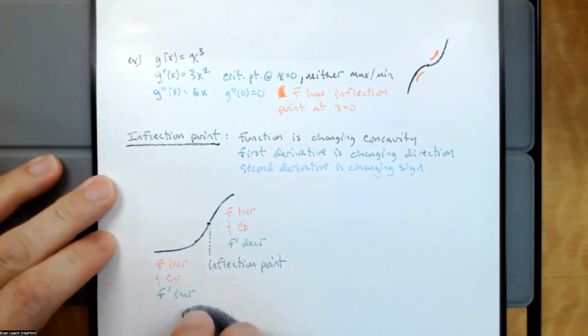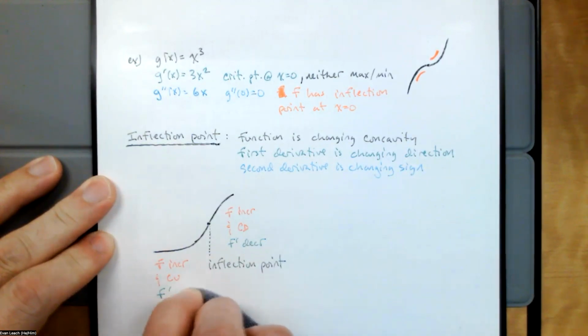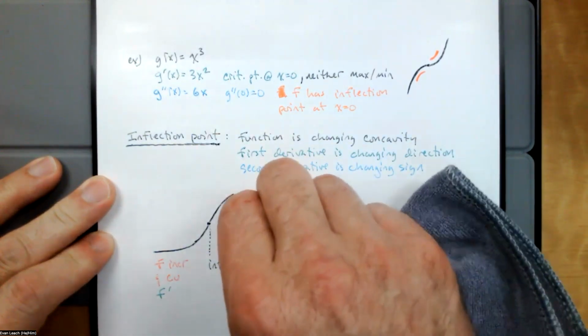I should be more specific. In both cases, we would say that f prime is positive.